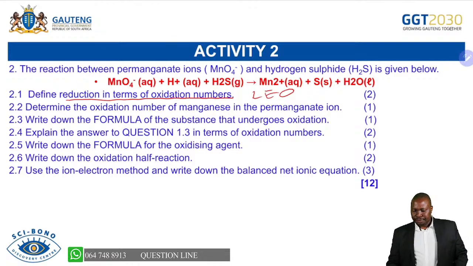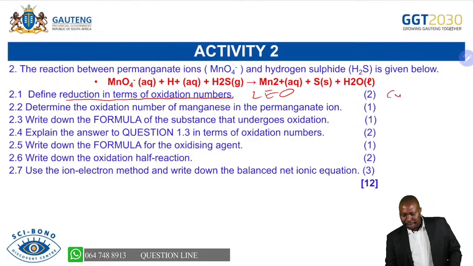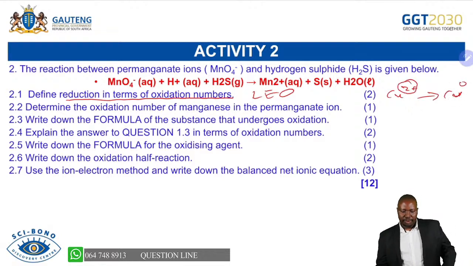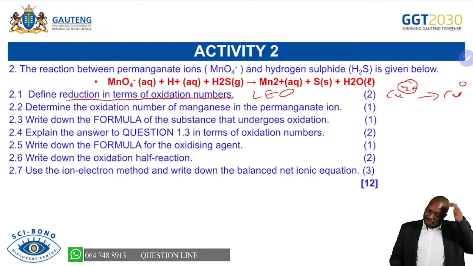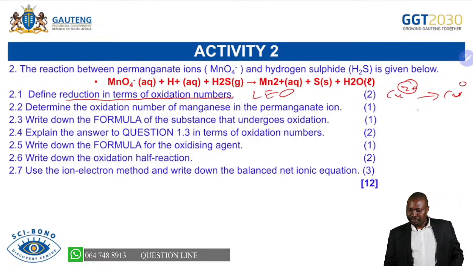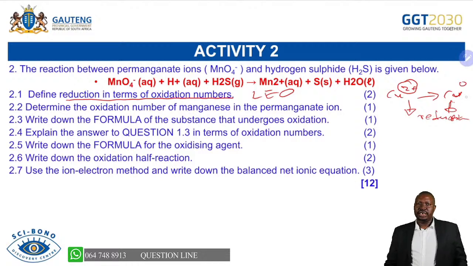I have shown you with copper, it was copper 2 plus, it became copper, and then we said this is reduction from 2 to 0. So you're able to say that a reduction in terms of oxidation number is the decrease in oxidation number. When the oxidation number decreases from 2 to 0, we call that reduction. So reduction in terms of oxidation numbers means a decrease in oxidation numbers.